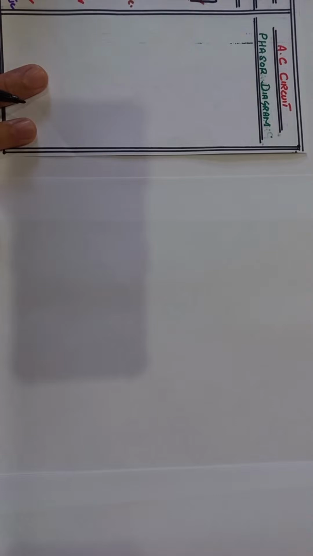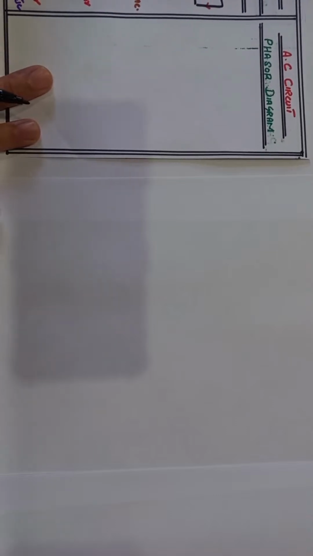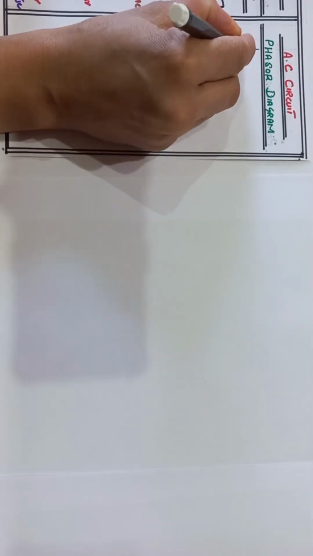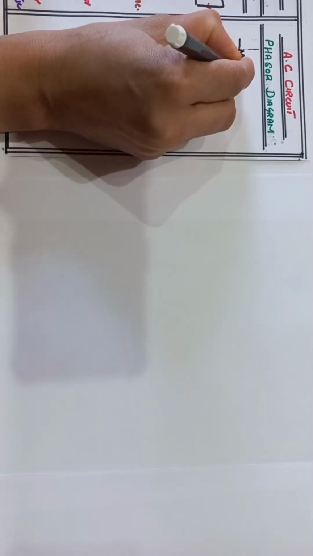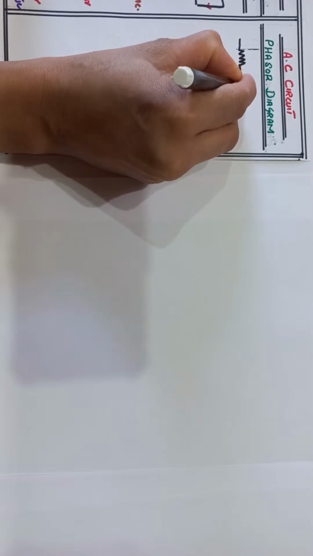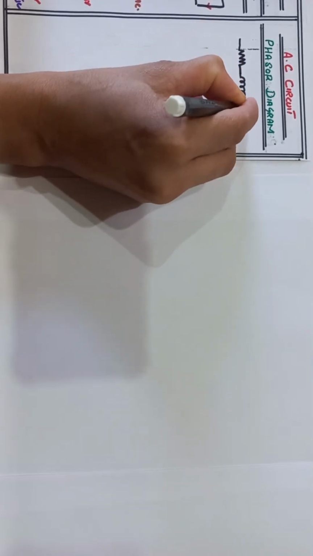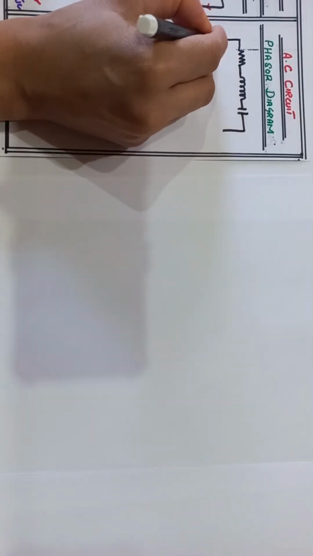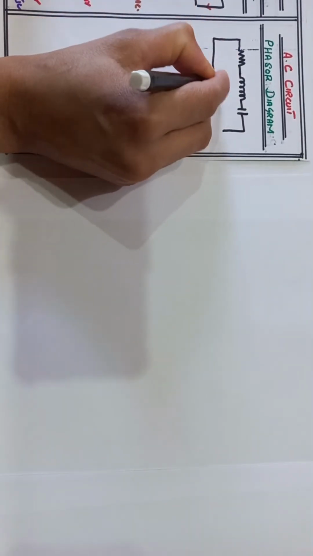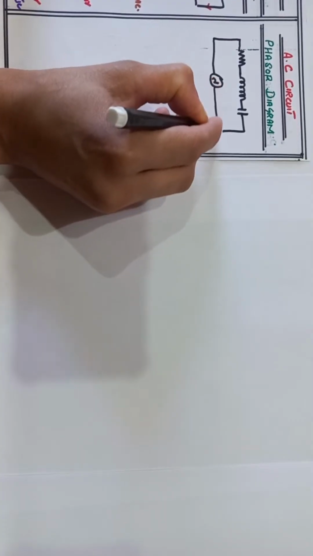So here we take the resistor R, inductor L and capacitor C connected in series and apply the alternating voltage V across it.